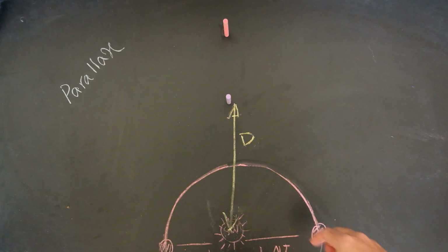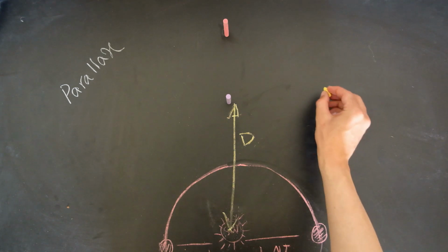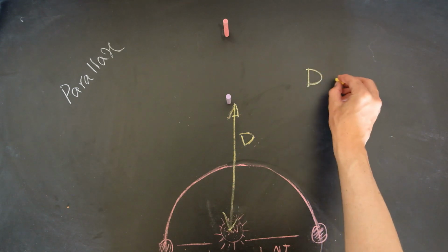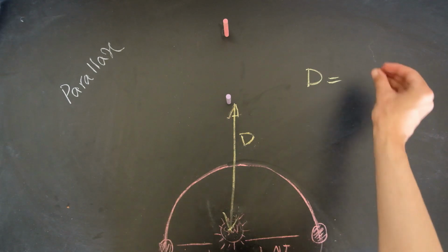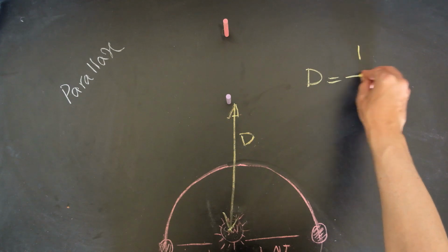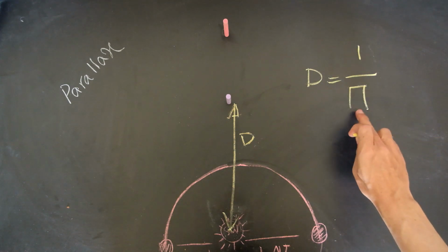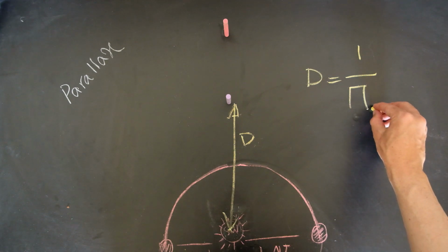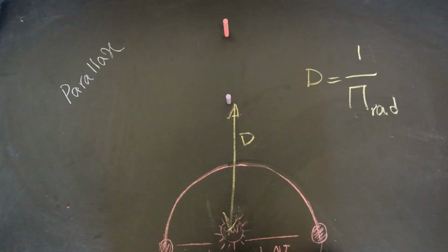Now how do we do this calculation? If you're using this configuration, the distance d is equal to, and in this case our true size s is 1 AU, 1 divided by this parallax angle in radian.